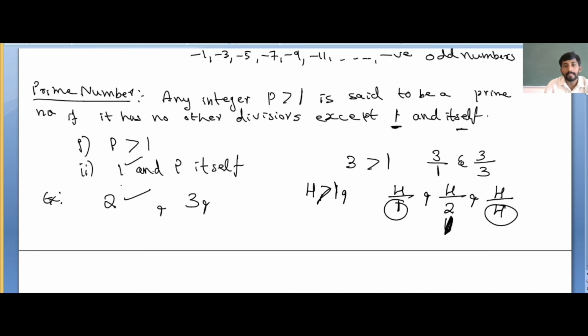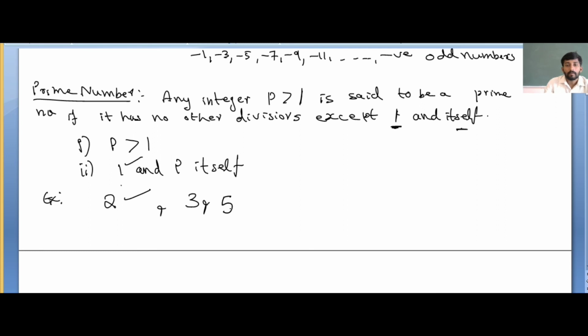Okay, that fails the condition. What is our condition? A number is said to be a prime number if the divisors of that number are 1 and that number itself. But here we are finding one more number which divides 4. Therefore 4 is not a prime number.